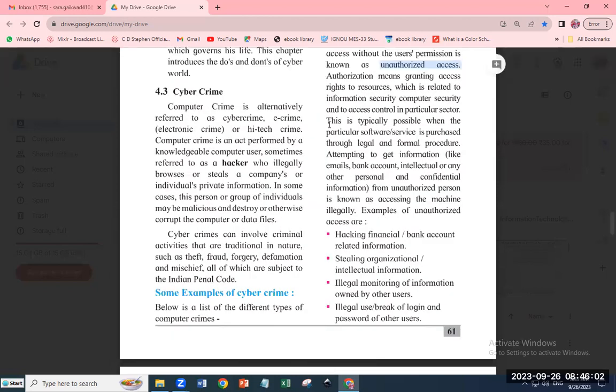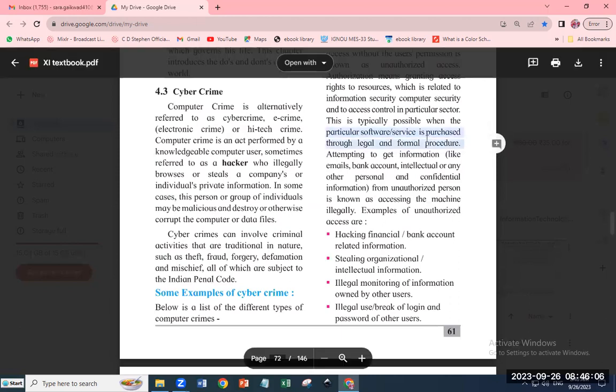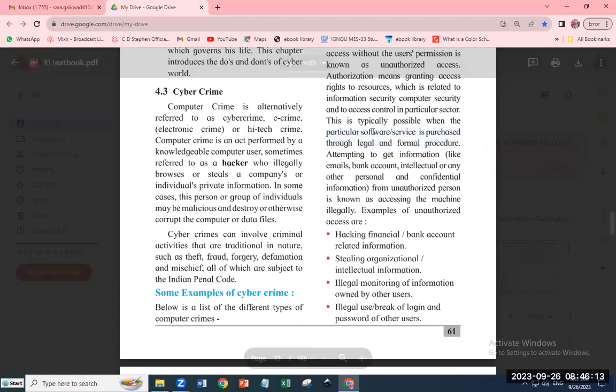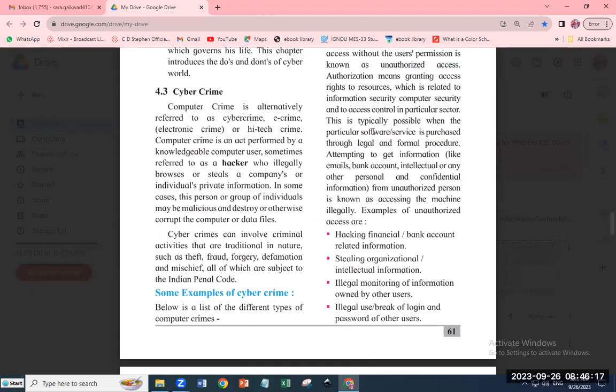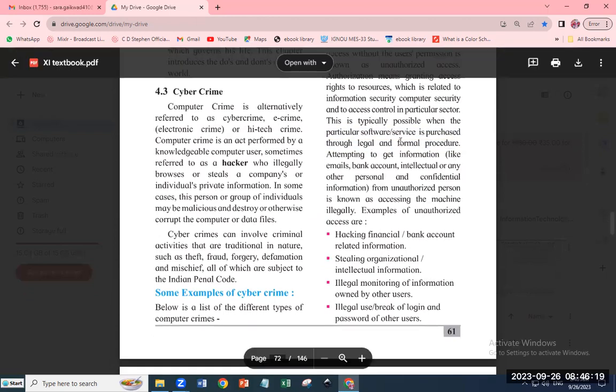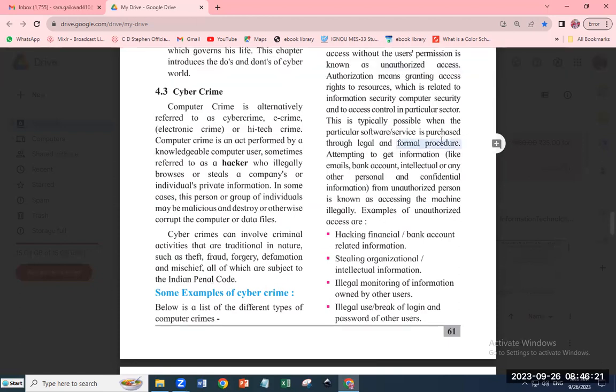Authorized use is typically possible when the software or service is purchased through legal or formal procedures, right? I need to opt for software which is licensed and purchased, and go through the formal procedure. Whatever is legal and correct, I need to go through that.